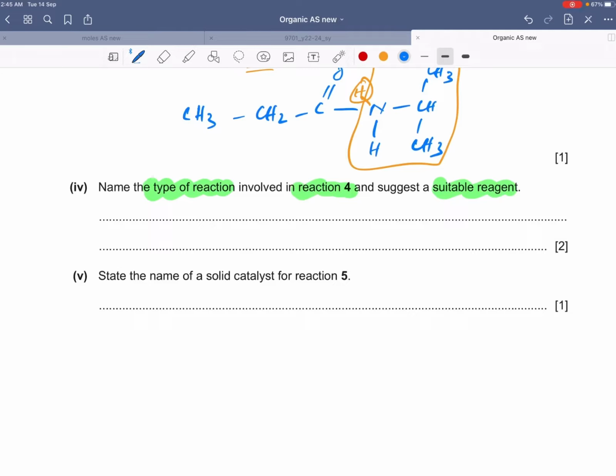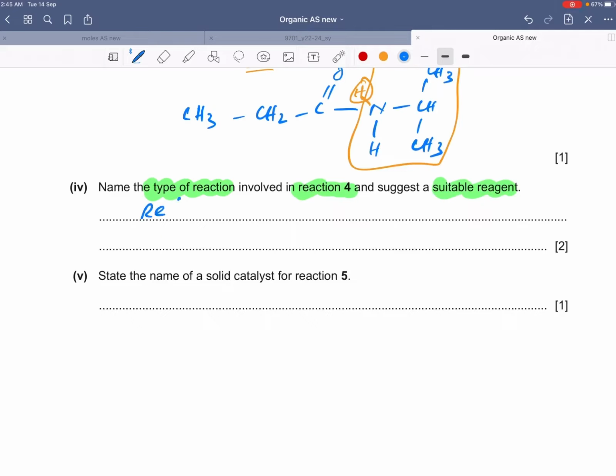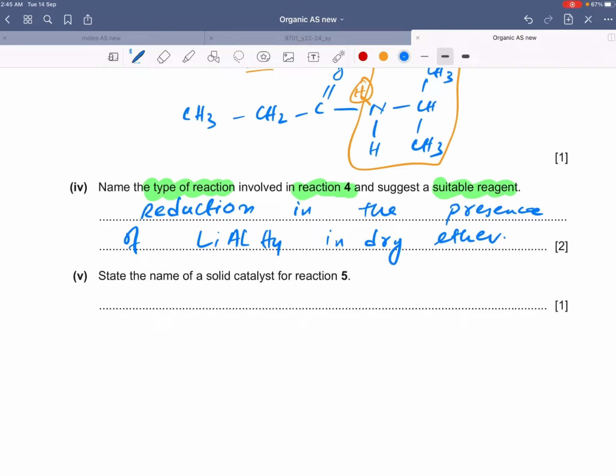When carboxylic acid converts into alcohol, that is reduction, in the presence of LiAlH4 in dry ether. The solvent is dry ether, right? So for carboxylic acid, we need a strong reducing agent, which is LiAlH4.